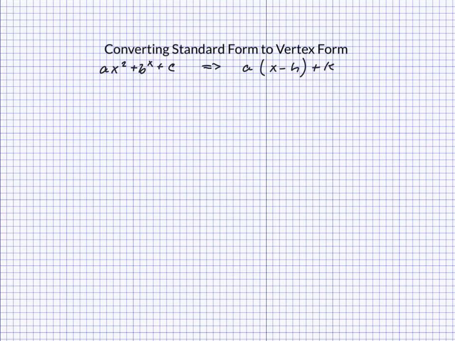Alright, as we look at converting our standard form into vertex form, I've gone ahead and given you our standard form again, and then of course we have our vertex form.